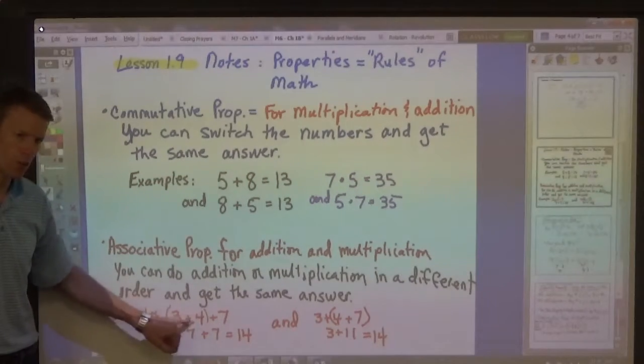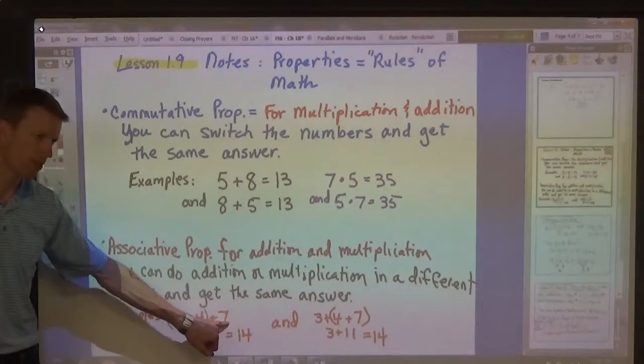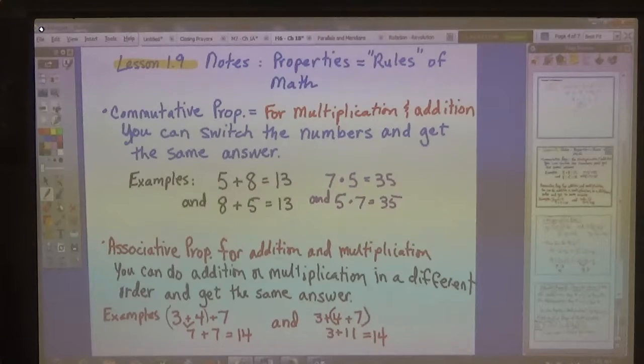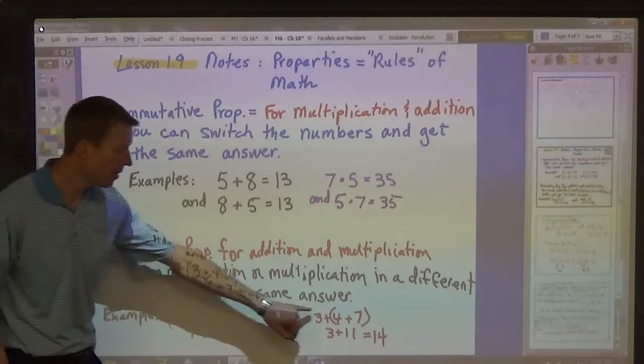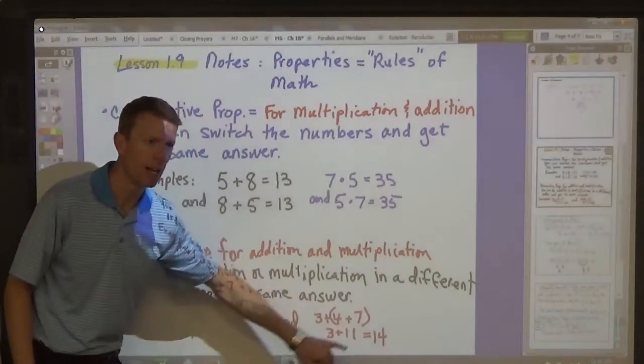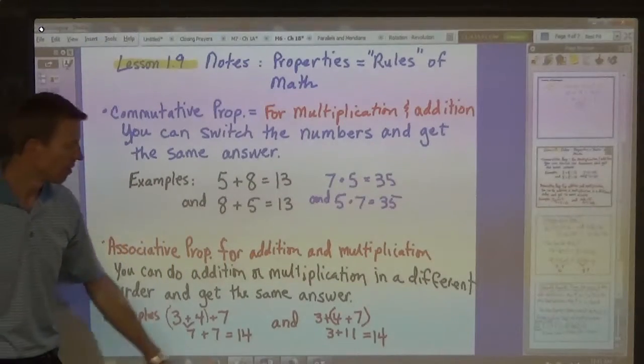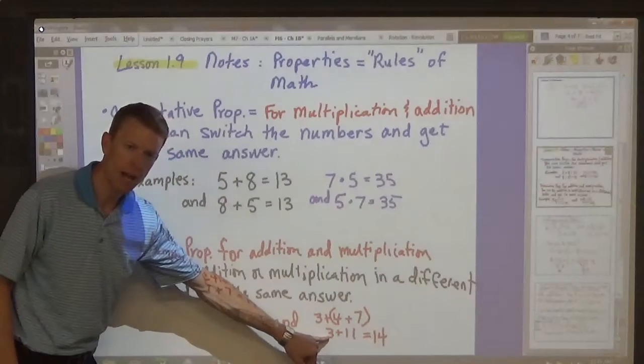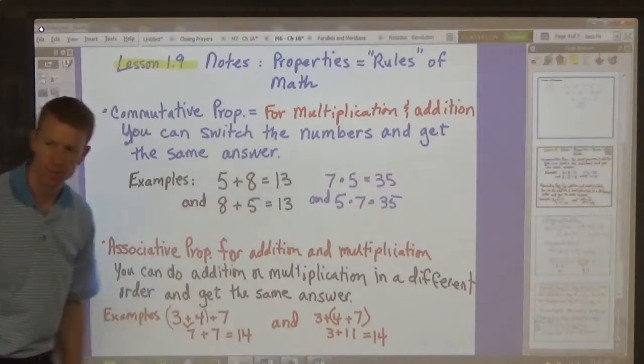So the first two terms, and then the third term, and get 14. Or we could put parentheses around the second set, and do 4 plus 7 first, and then go back and add the first term.